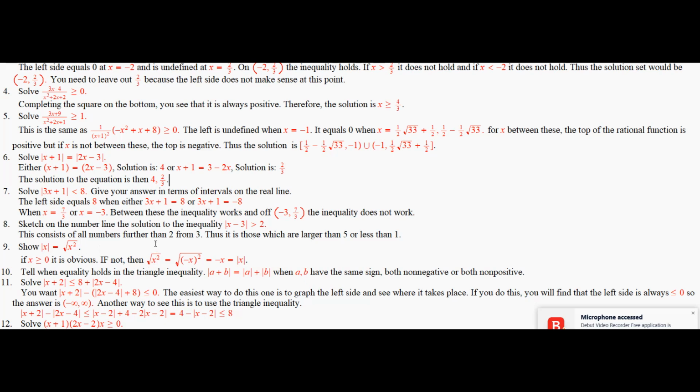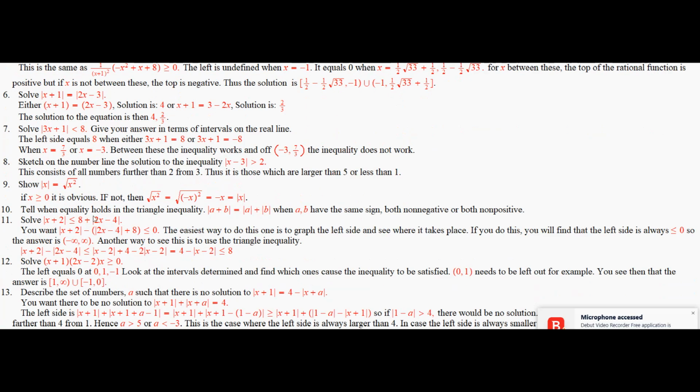So if I take the square root of x squared being the positive square root, that's the positive square root of negative x squared, and that's negative x, and that's absolute x. So you see, this is a nice little way of describing the absolute value. It's the positive square root of x squared is equal to the absolute value of x.